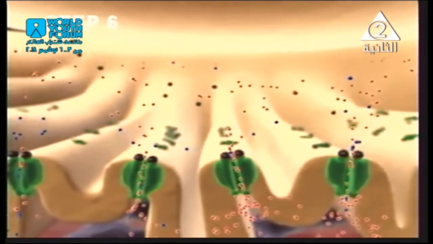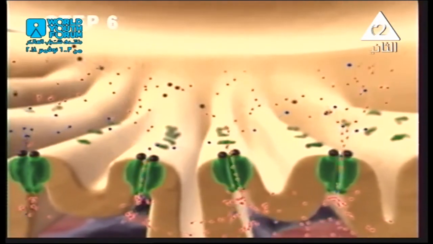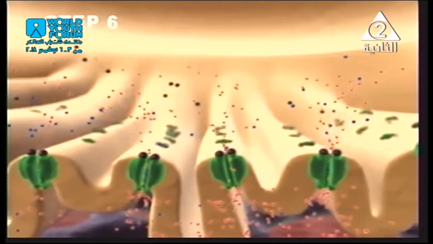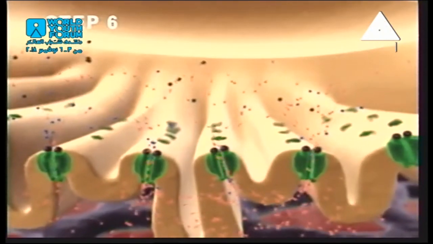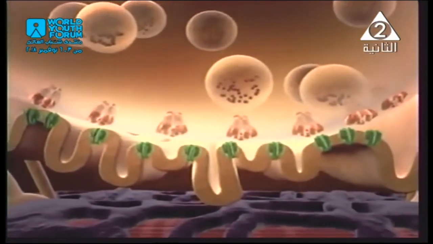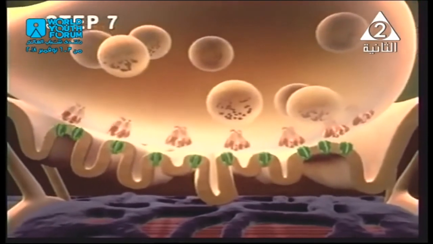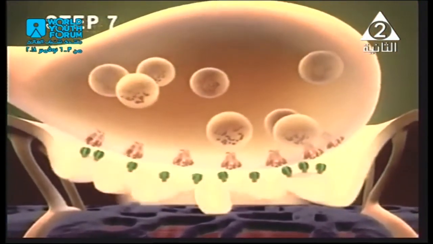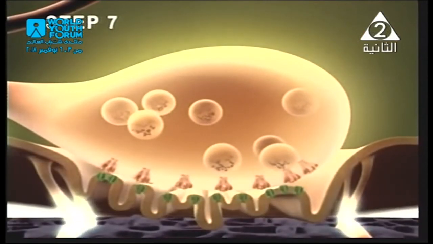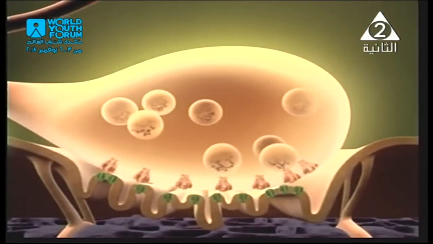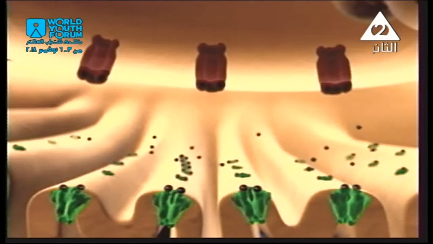Finally, what happens when depolarization happens? The muscle contracts. And rapidly the cholinesterase enzyme destroys the acetylcholine into choline and acetate to make the muscle ready for another contraction.